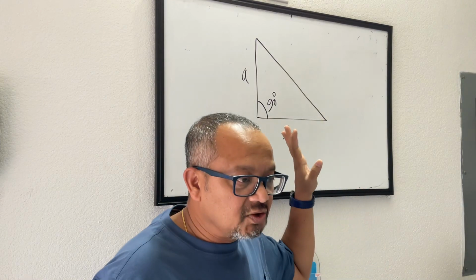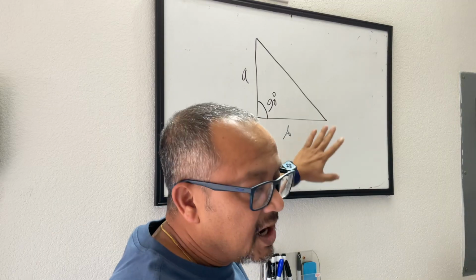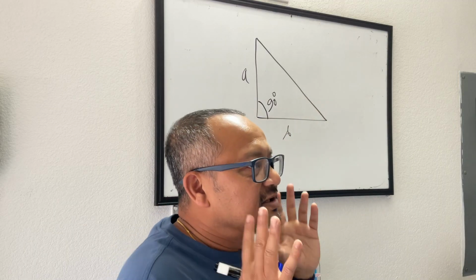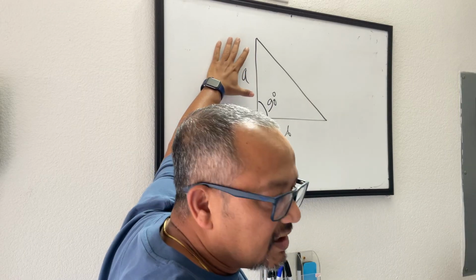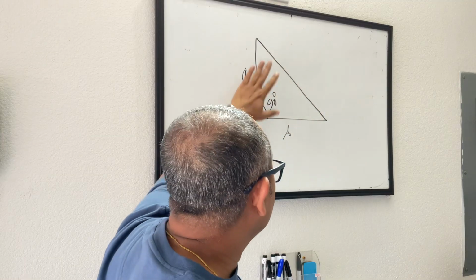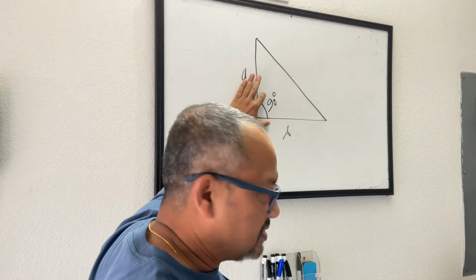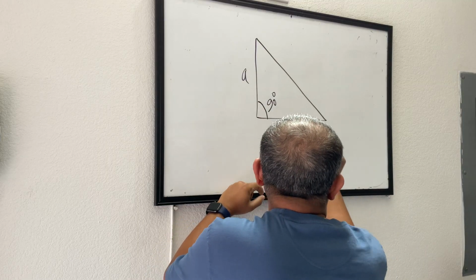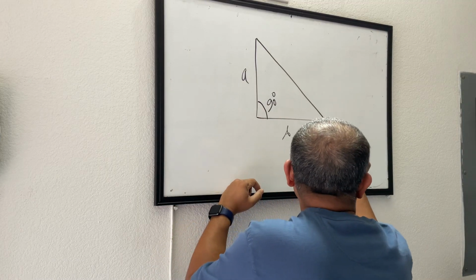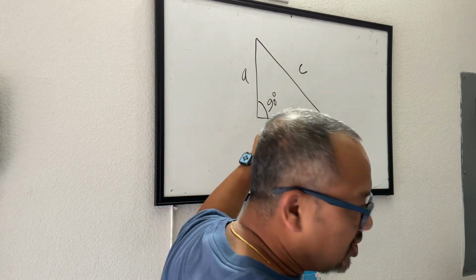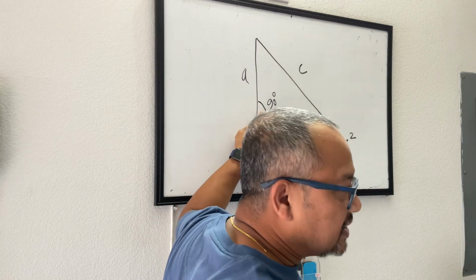So coming back to Pythagorean theorem. Pythagorean theorem is a concept that is relevant for a right angle triangle, meaning a triangle which has one angle of 90 degrees, or right angle. What this theorem says is a squared plus b squared equal to c squared, where c is the hypotenuse, or the side opposite to the 90-degree angle.